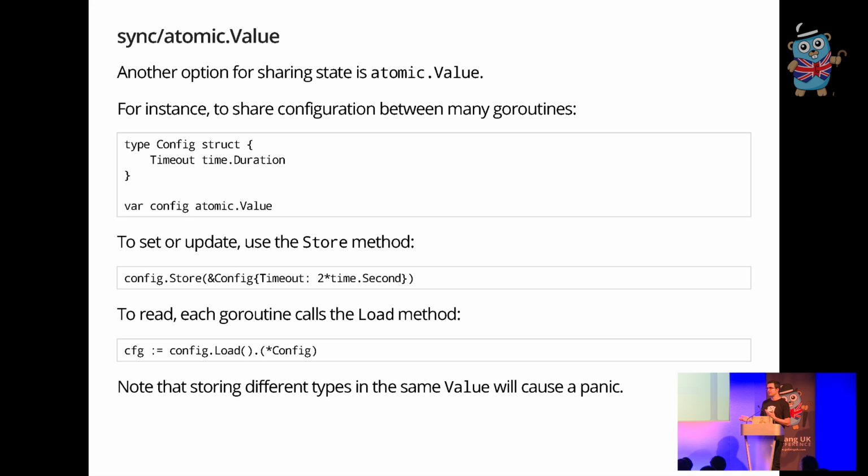And then each goroutine that's running, like at the top of each handler, if it's an HTTP server, for instance, you would call the Load method. And Load actually returns an empty interface value, so you have to convert that to, or assert that to its concrete type. And then you can read the configuration. If you try and store different types in the same value, it will cause a panic. And we'll see why right now.